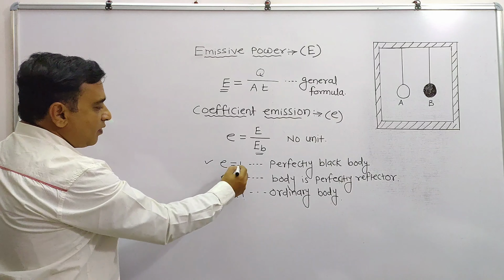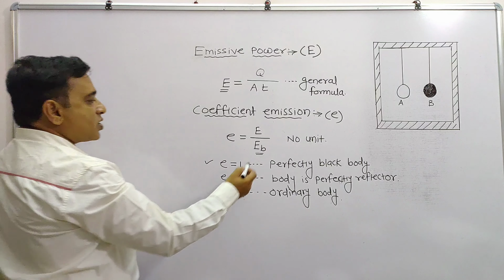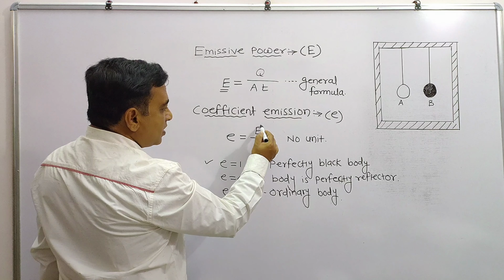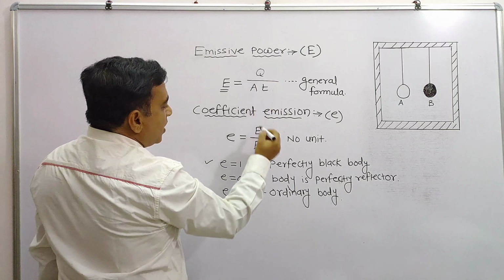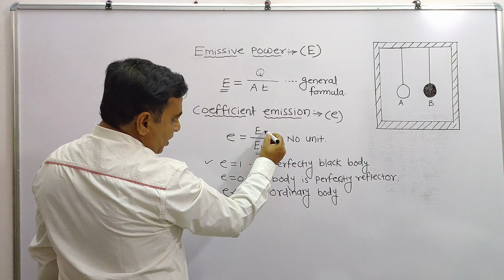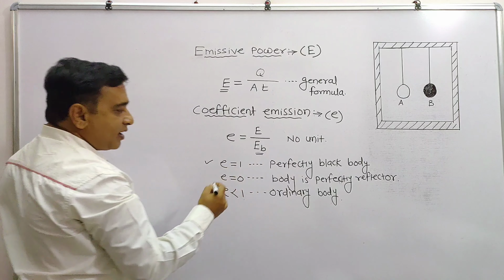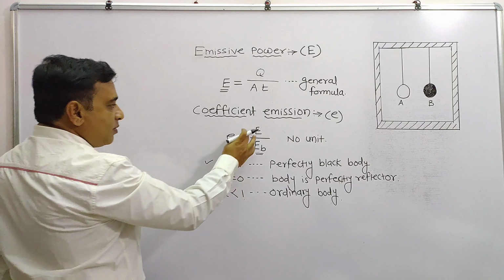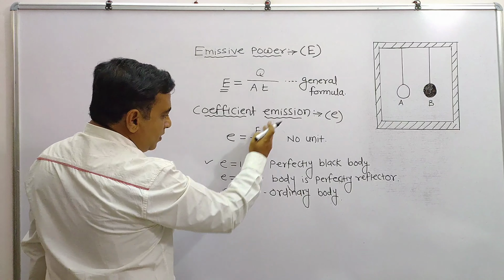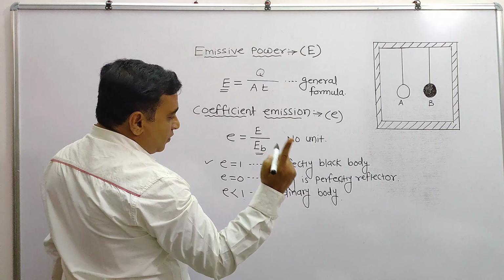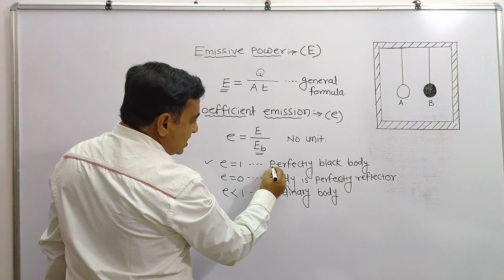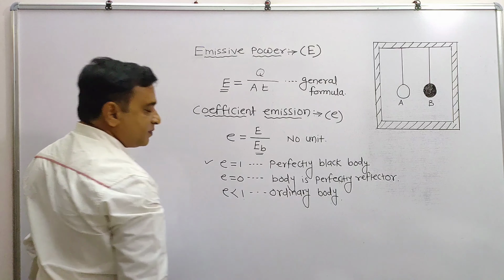We are going to think why it is 1, because whatever the emissive power of a body, if it totally absorbs the total amount of radiant energy that falls, that means both are equal. That time the ratio is equal to 1, and the body is a perfectly black body.